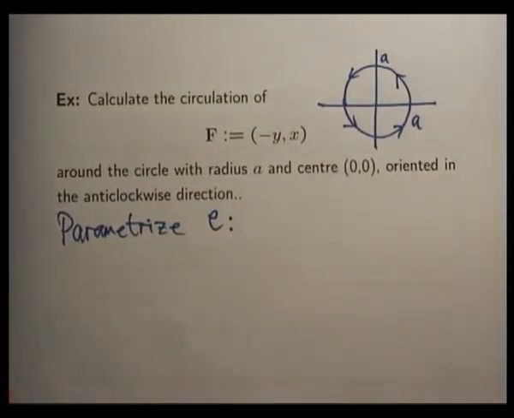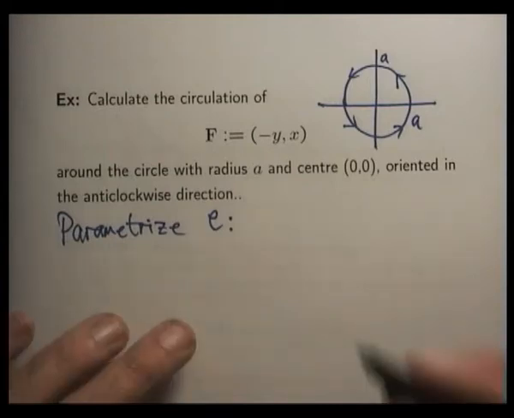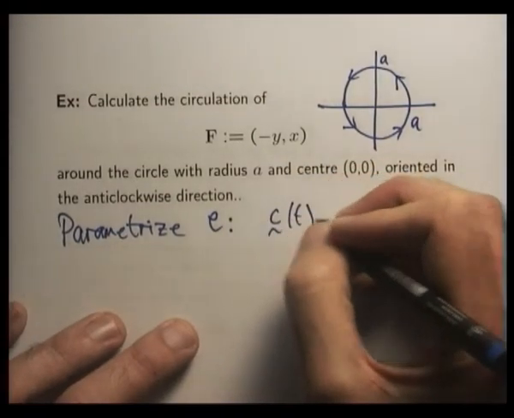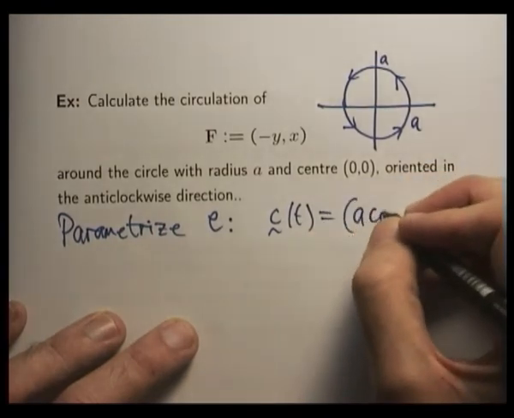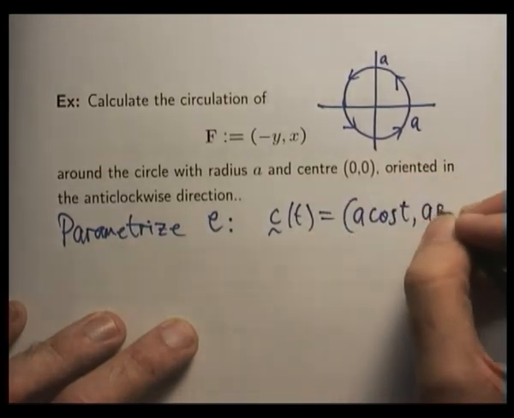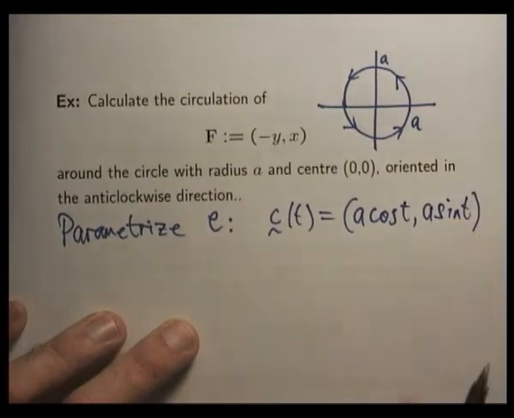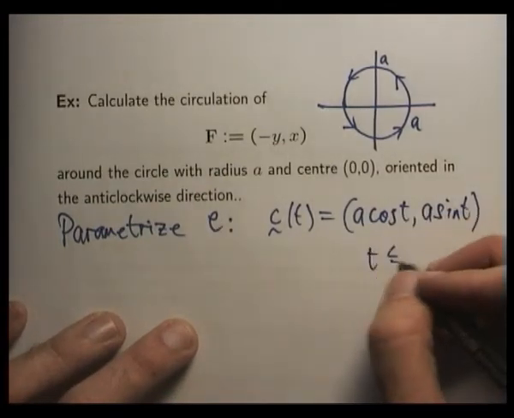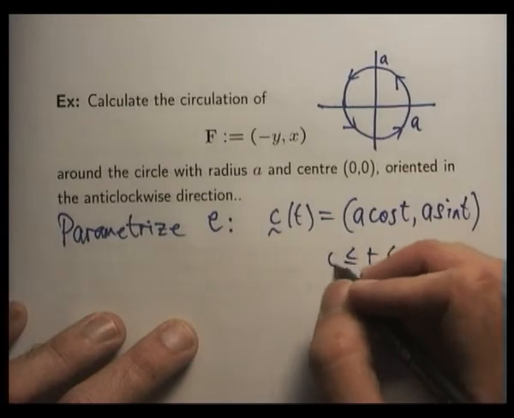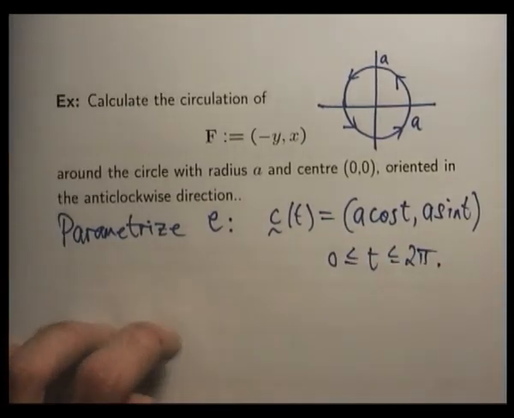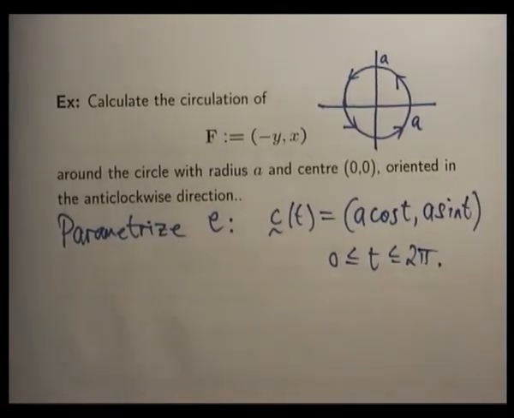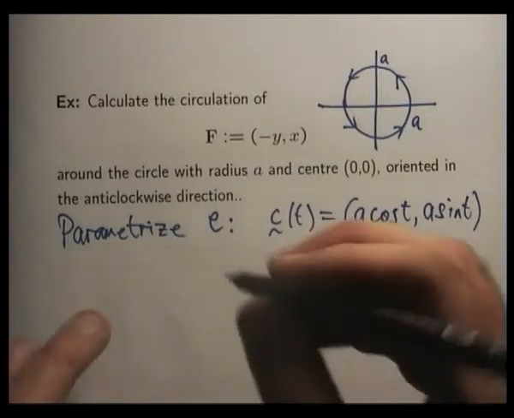A natural parameterization here would be, of course, a cos t, comma, a sin t. Oh, I guess I should say parameterization.